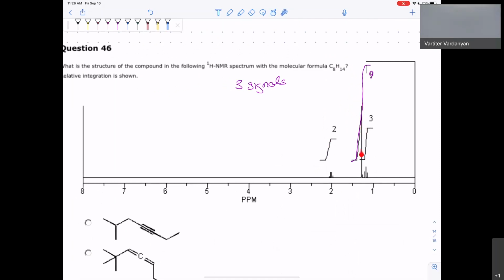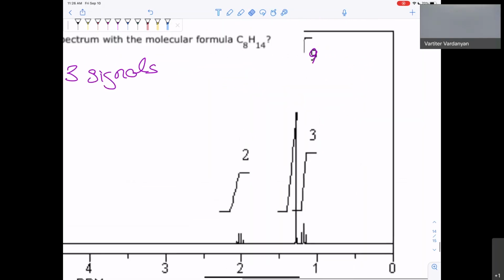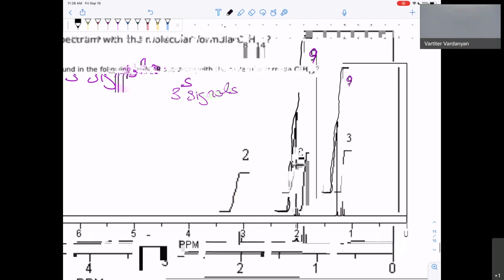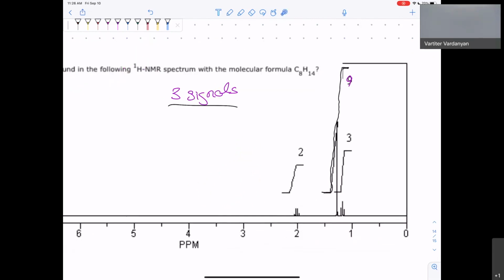The one I highlighted, that's the integration. It just tells you that there's 2. So this is part of the integration. Okay, so we have 3 signals.